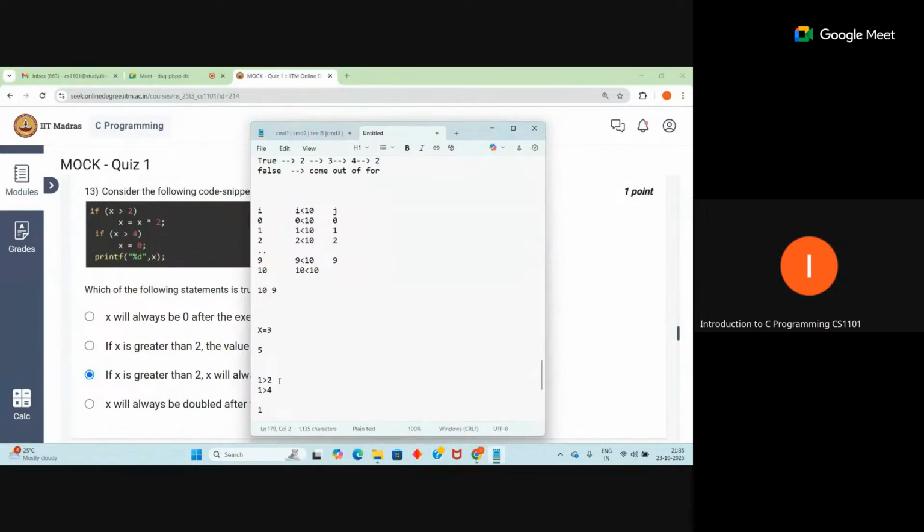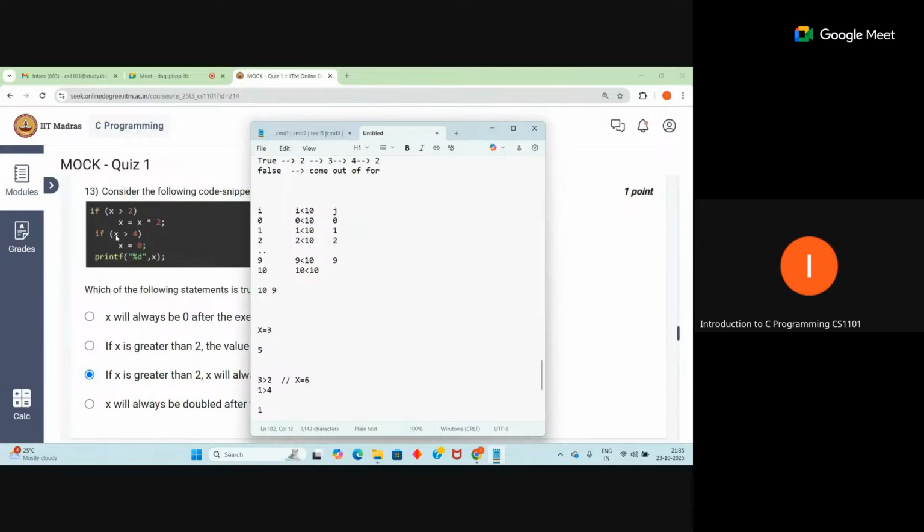We will check for those two cases. First we'll check with x value as 3. If 3 greater than 2, which is true, then x will be x into 2. So 3 into 2 means x will become 6.